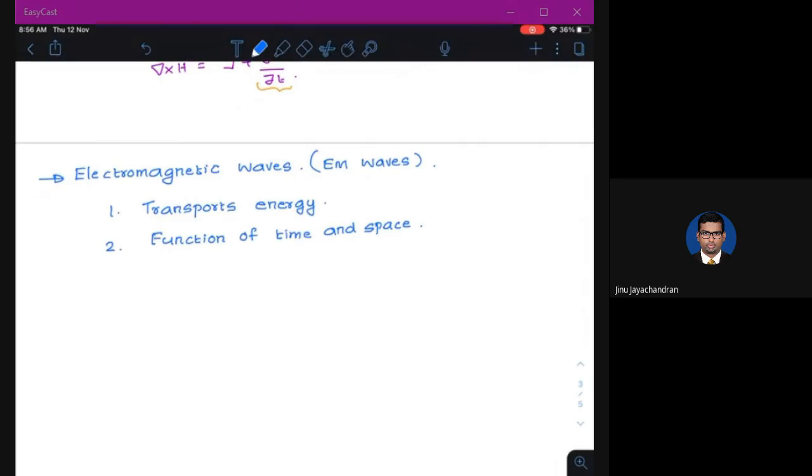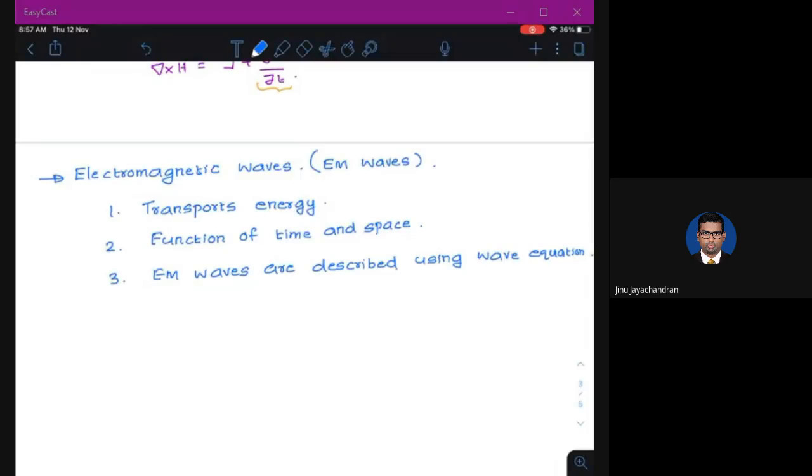Okay. And these EM waves are described using a wave equation. So when you say it is a wave, then there's an equation associated with the wave, and we are going to derive that equation.